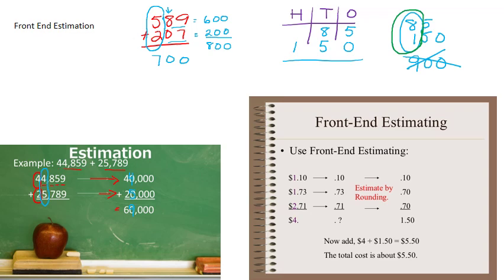I'm just going to change color here. You can take that original number of 44,859. Maybe you just want to front end round based on those 2 digits that you see right there. And so you'd be saying 44 plus 25, which is what we just did, right?